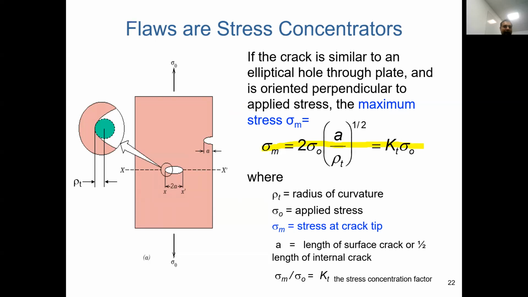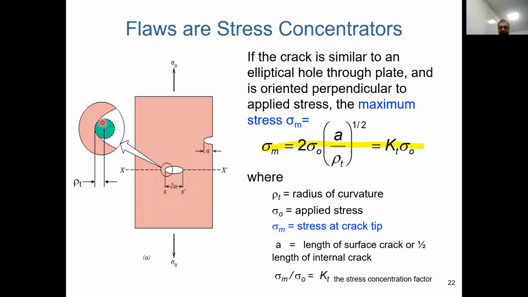We assume the crack is elliptical in shape. Now, if we want to find out the maximum stress, the formula is sigma m equals 2 sigma naught times the square root of a over rho T, which equals KT times sigma naught, where rho T is the radius of curvature. Oh, sorry, can you see my cursor? No, you can't. Okay, let me change that to laser pointer.